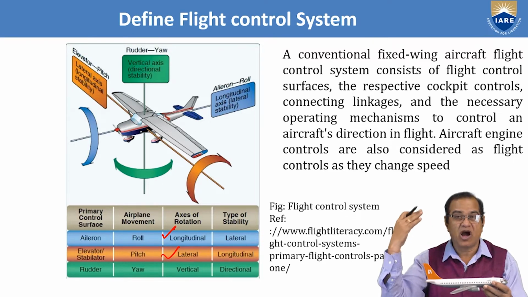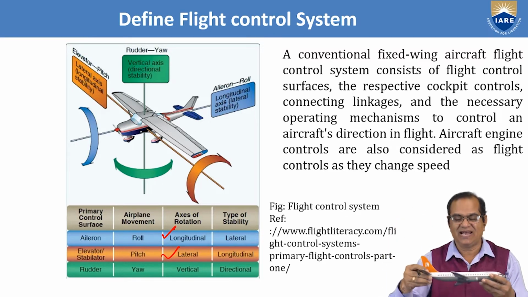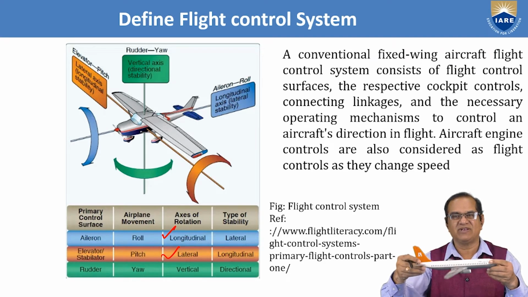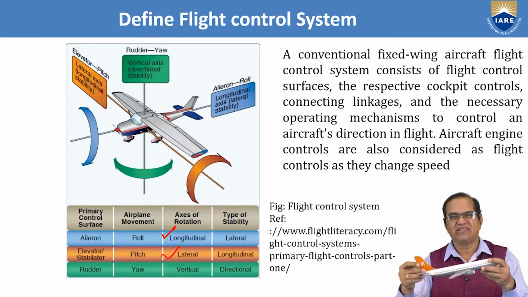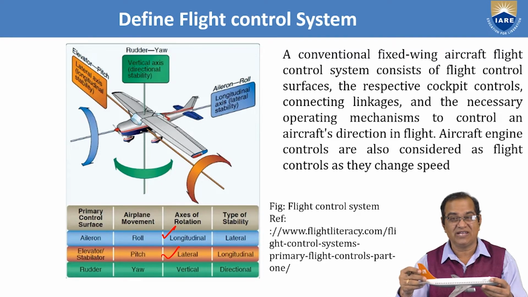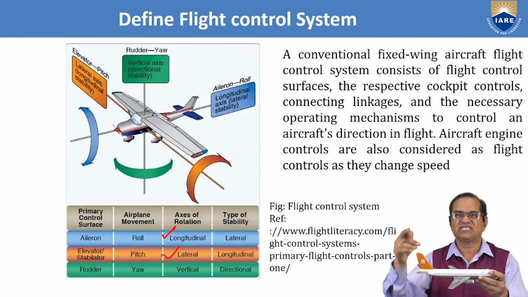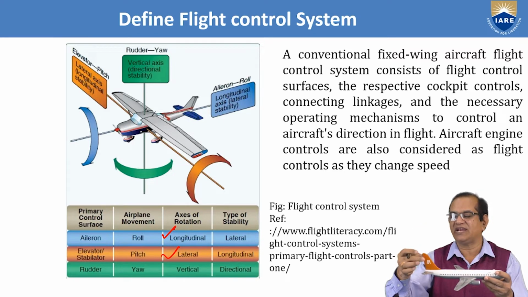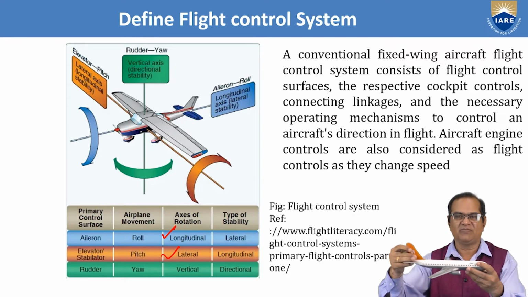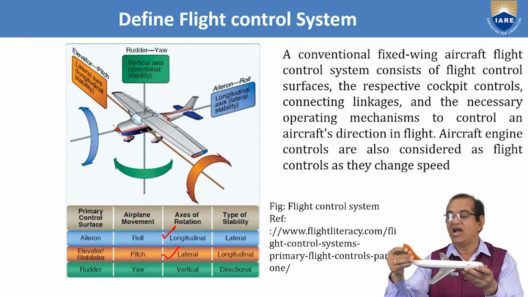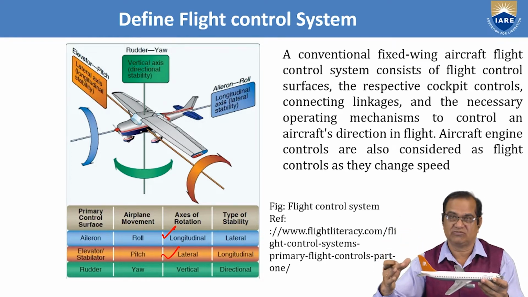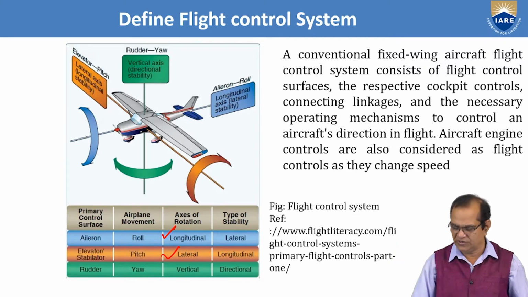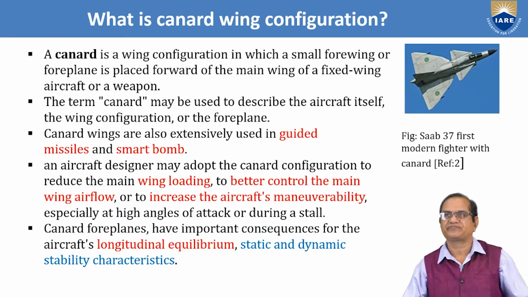If you operate the roll, it gives lateral stability. If you are pitching using the elevator, it gives longitudinal stability. And if you operate the rudder, yaw will occur, and this makes sure directional stability is achieved. So that is the flight control system of the aircraft.